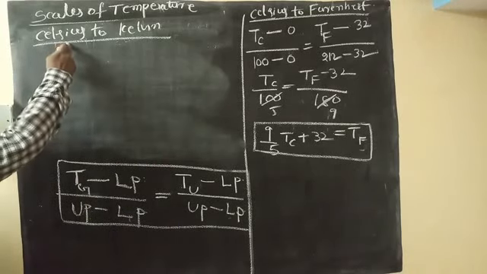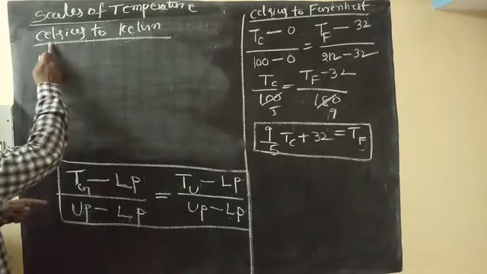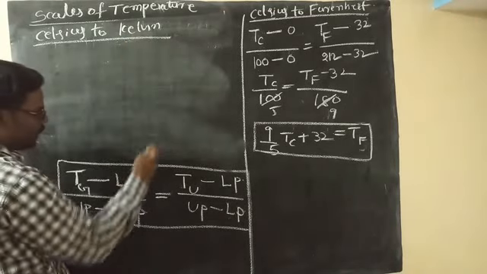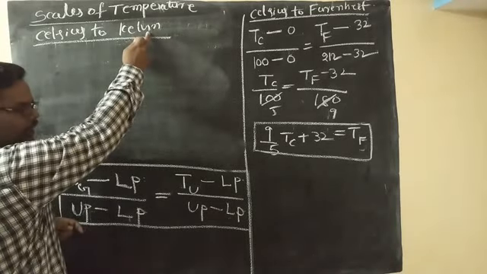Right. So now given temperature scale is Celsius and unknown temperature scale is Kelvin, isn't it?